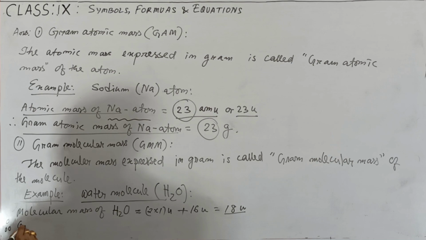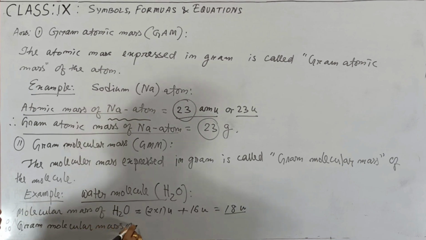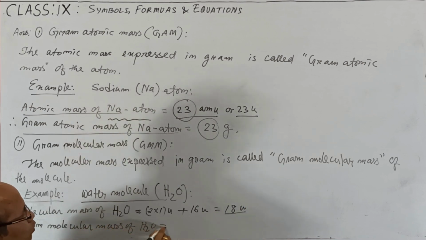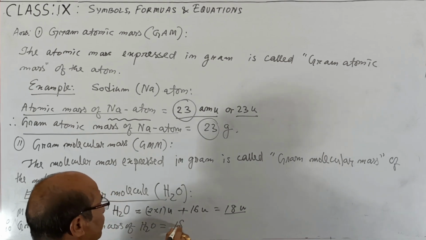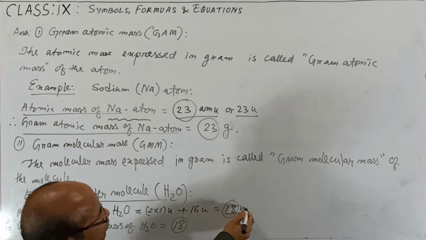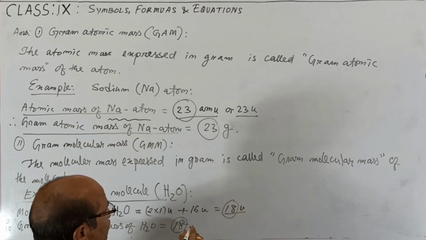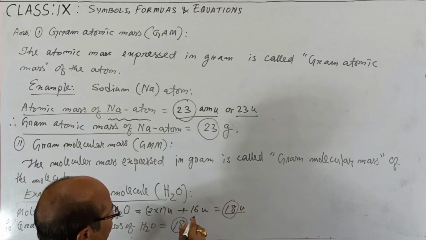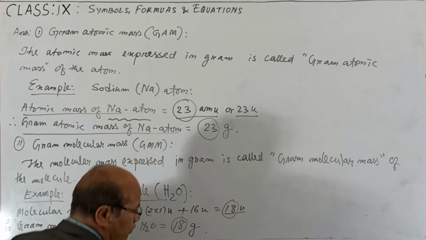Therefore, gram molecular mass of water equals the same number. Here it is 18, here also 18, but this unified unit U must be changed to gram. This is the only difference.